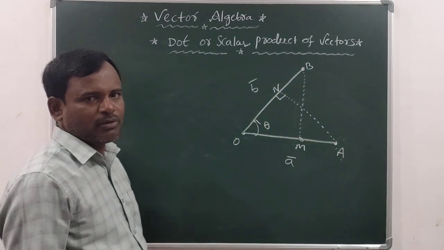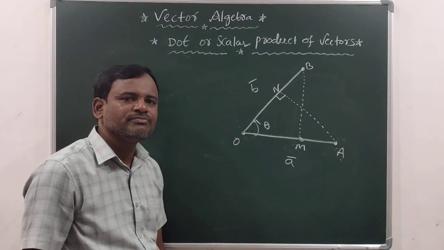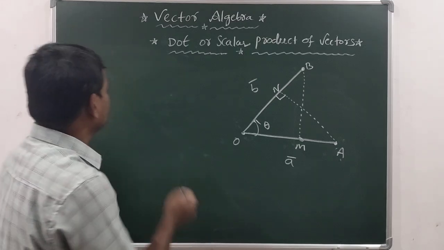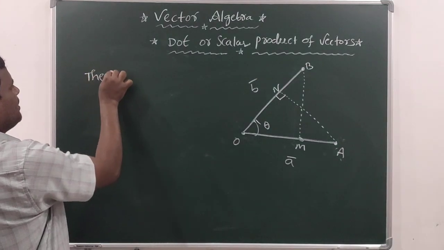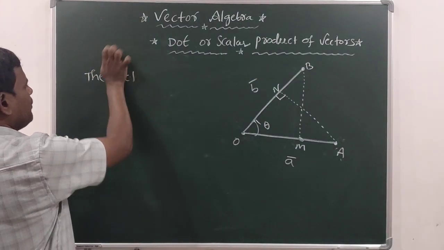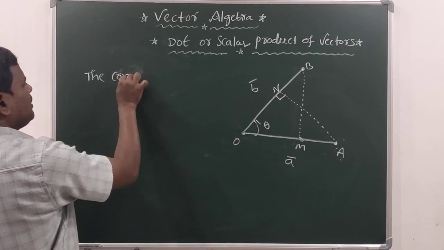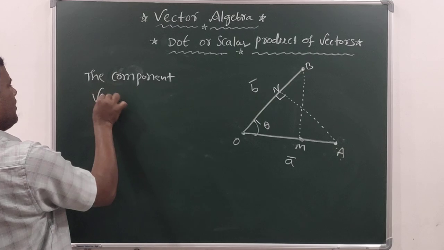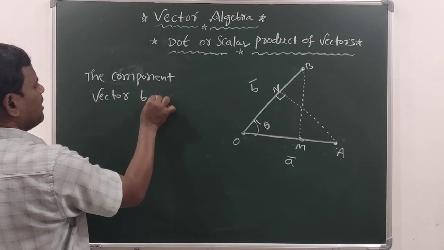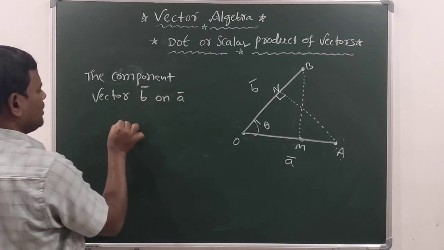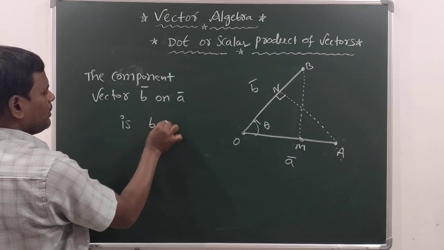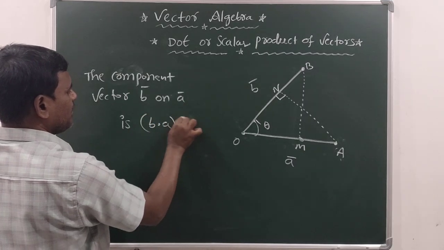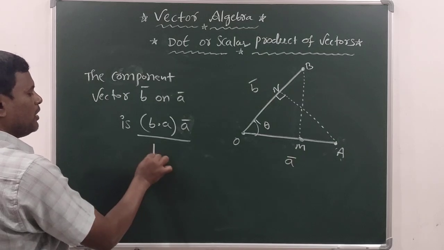Shall I give you the direct formula or shall I give you the proof? Okay, proof is not required. Remember it like a standard formula. See here. The component vector of B on A is B dot A bar by mod A whole square.